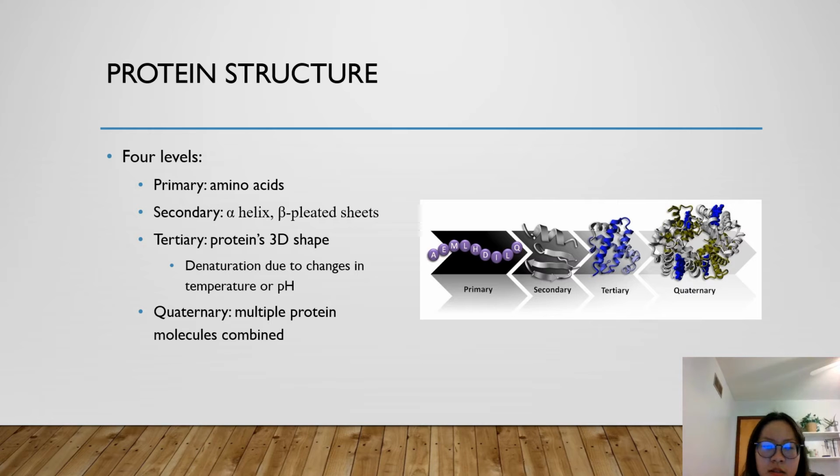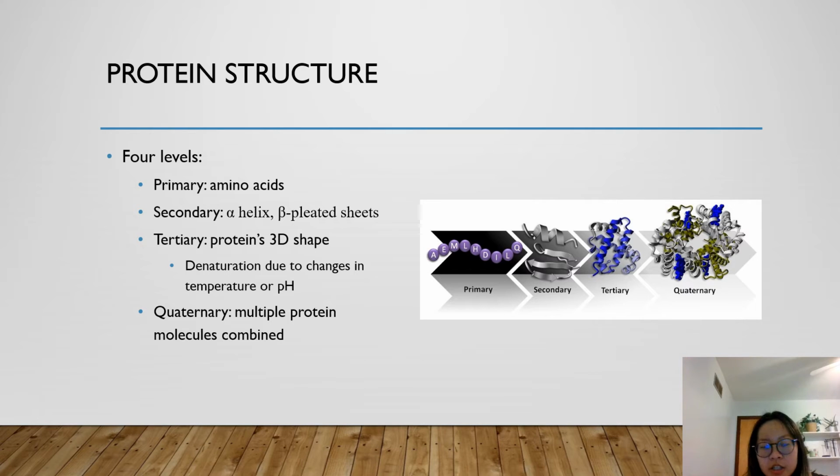And it's good to note that denaturation of the protein occurs at this level when there are changes in temperature or pH, and this is due to the tertiary structure being stabilized by weak intramolecular interactions, which can be easily disrupted. And denaturation means that the primary structure of the protein is unchanged, but the tertiary structure will unfold and become randomly looped.